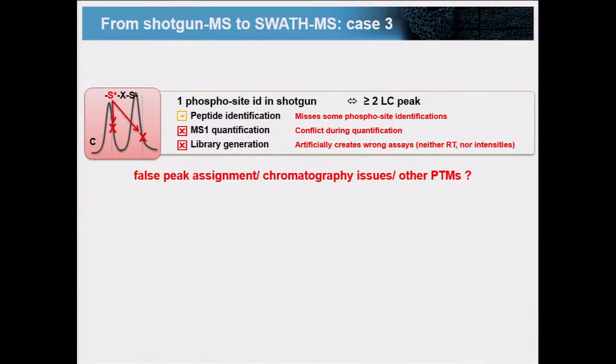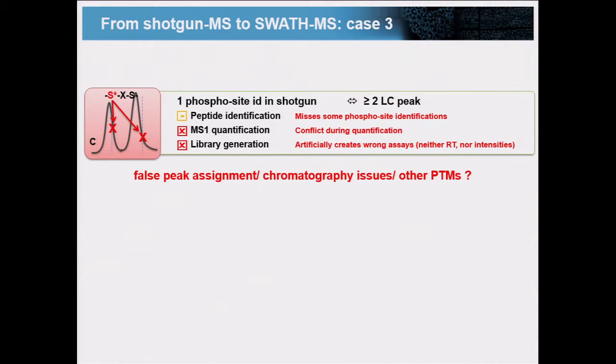Of course, in the background truth, we don't really know if this is a false peak assignment, or a chromatography issue, maybe there was a problem here for any reason, or when we go to SWATH, we also don't know, there's another possibility that this is simply another PTM that we didn't consider.